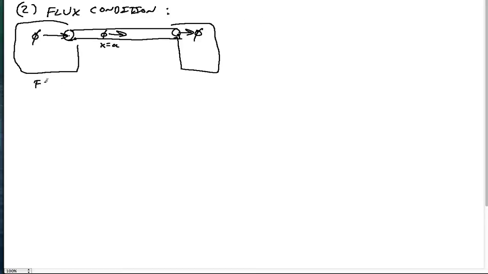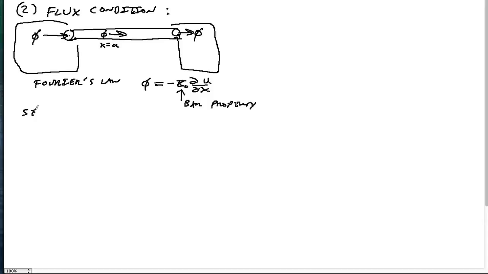We know from Fourier's law that inside the bar, the flux is equal to some negative k0 partial of u partial of x. In general, that depends on inside the bar. But outside the bar property, we don't need to use that constant.